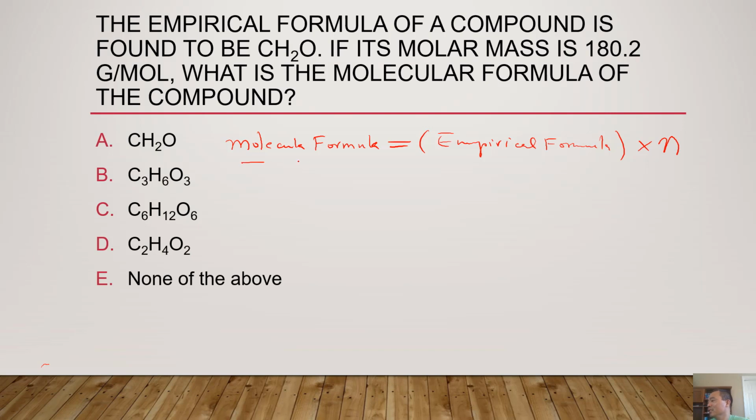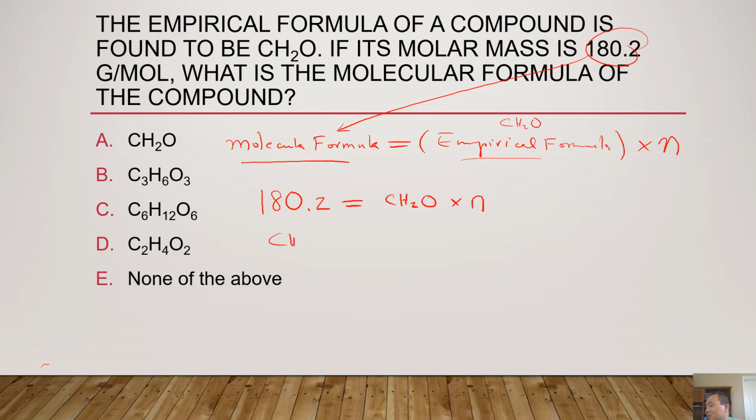Okay, we know molecular formula over here has a molar mass of 180.2. Okay, and the empirical formula here is CH2O. So let's substitute this in. 180.2 is CH2O times n.